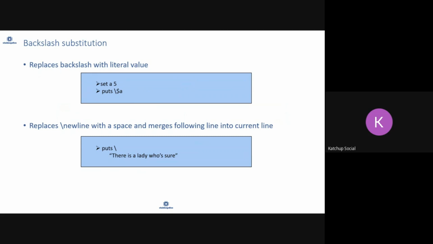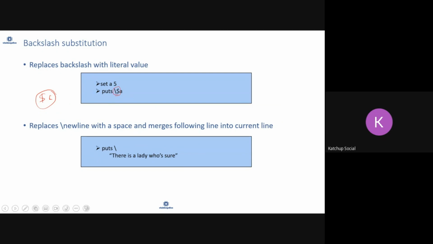Okay. So we have $A. We talked about $A returning the value, but let's say you want not $A but a literal dollar character in your string. Then you can use a backslash, and it will give you the literal value.